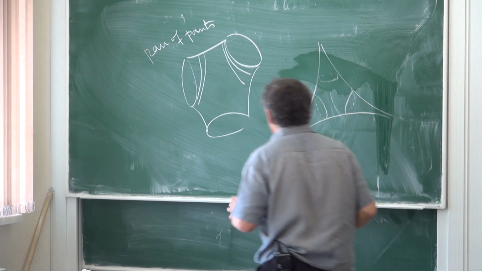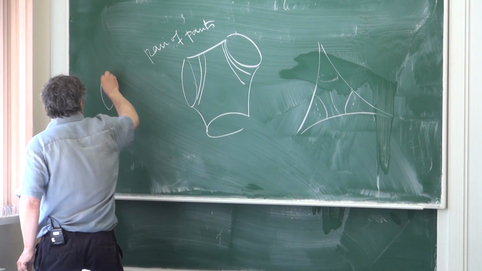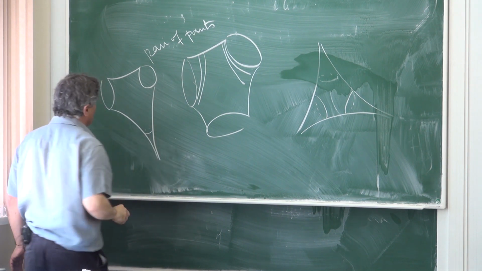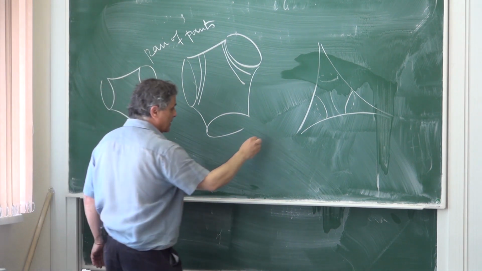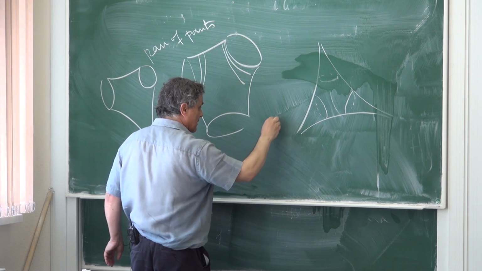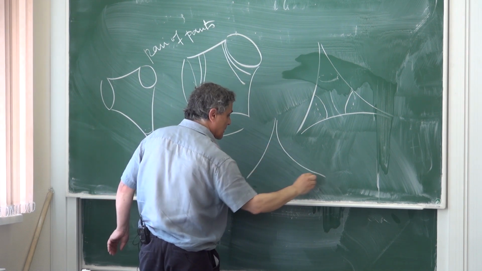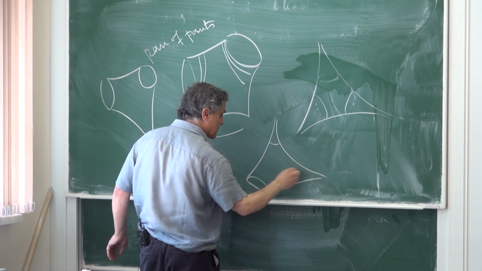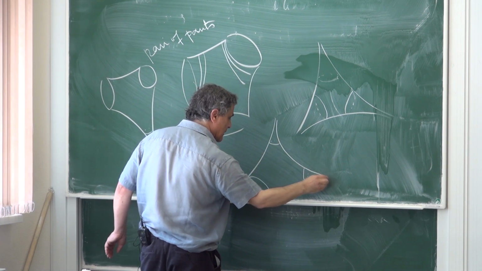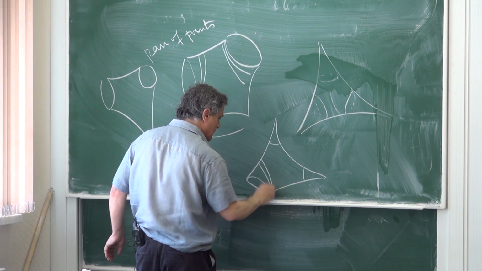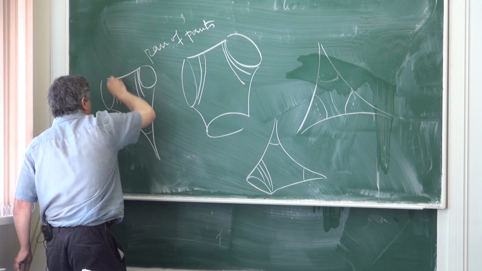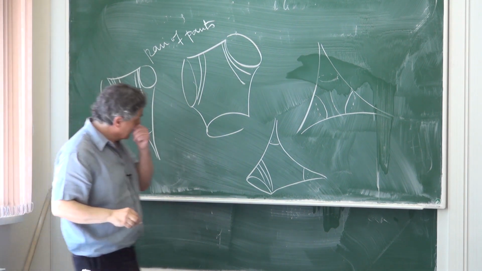In fact, I can get this, and also I can get this also, and then I can also get this. This is a possibility. Here I have a spiraling. Here I have a spiraling.